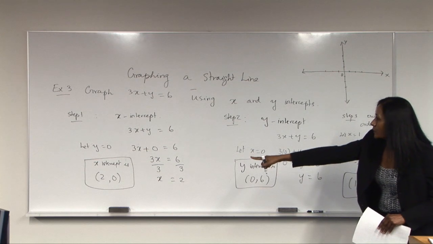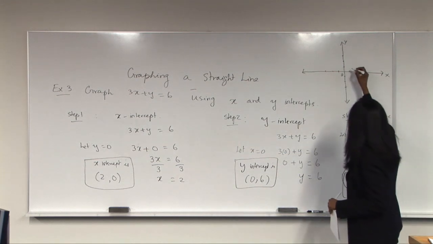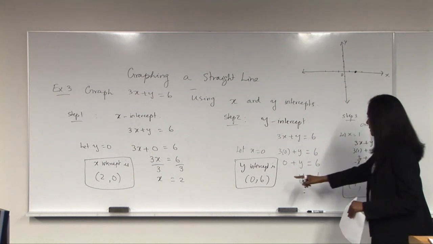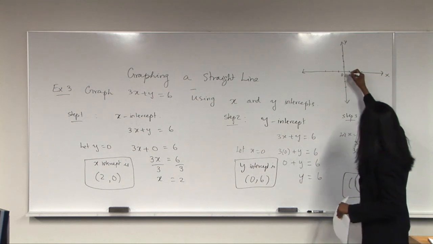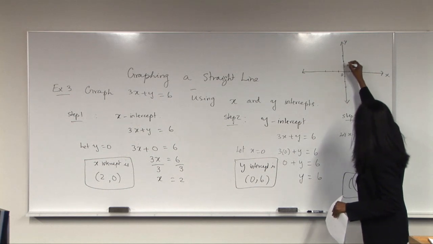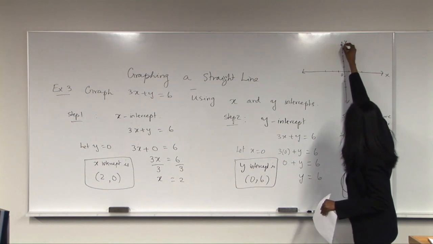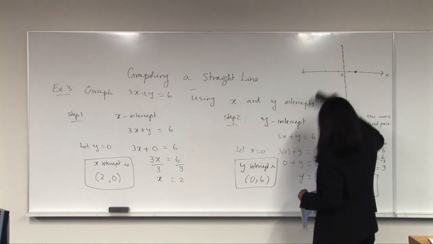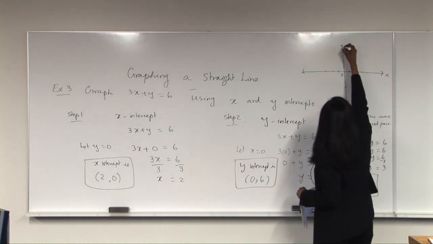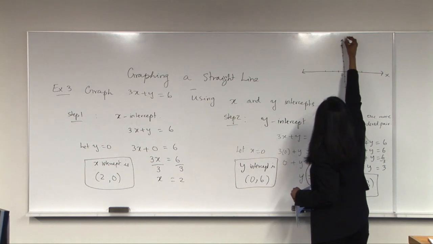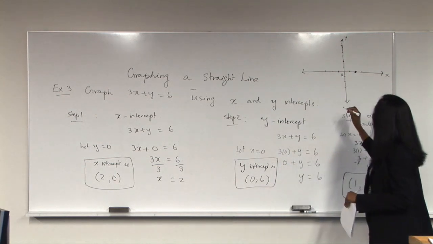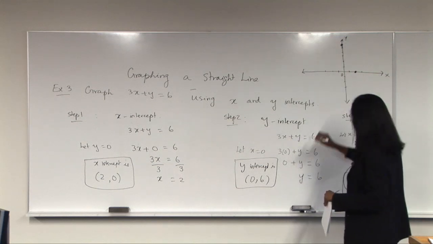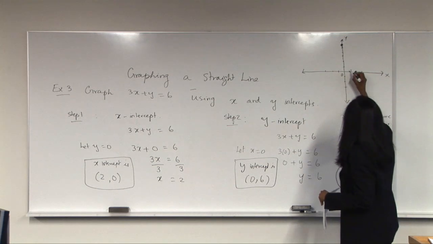So 2, 0, positive 2, 0, that point is going to be here. 0, positive 6, when x is 0, your y is 6. So that's 0, positive 6. And then next is 1, 3.